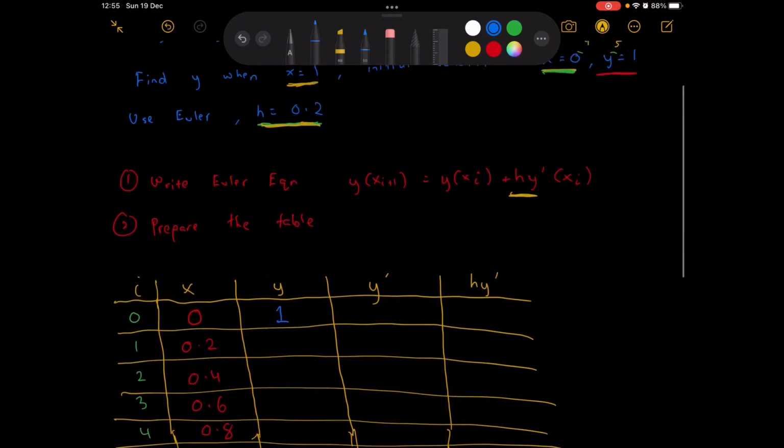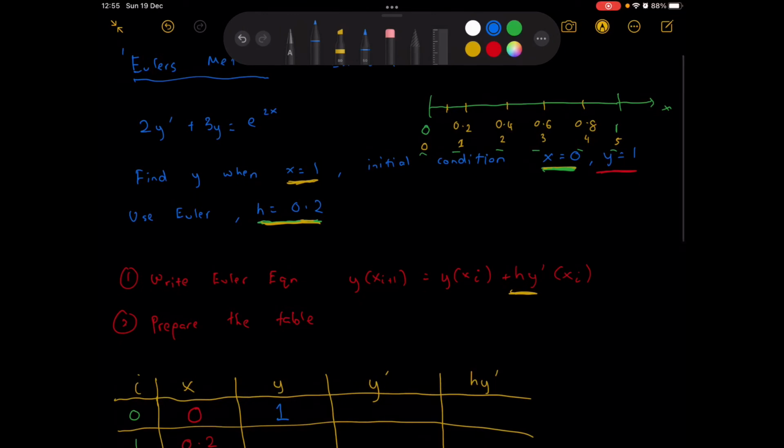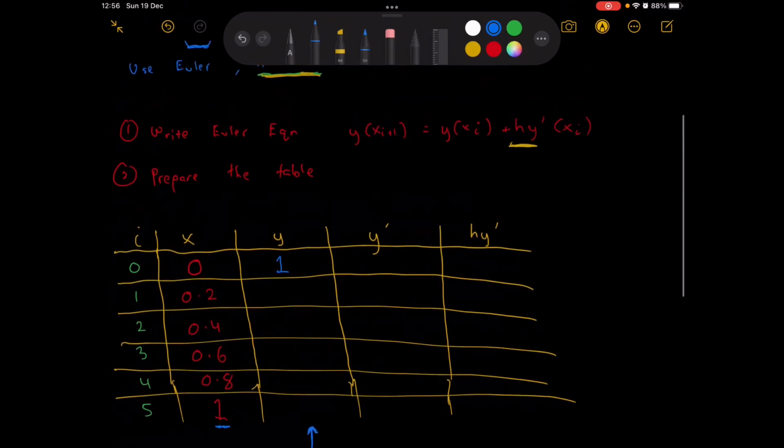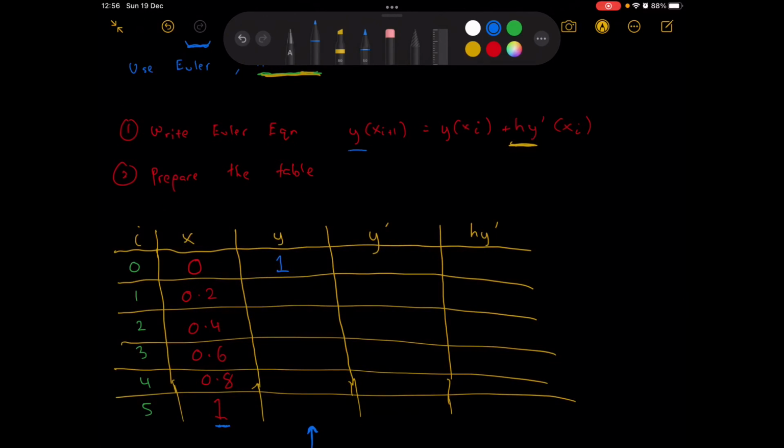In the end, what we want to find is y when x equals 1. Meaning that when x equals 1, this is the value that we need to determine. In order to determine that, we can use Euler's method, and we can solve this problem.